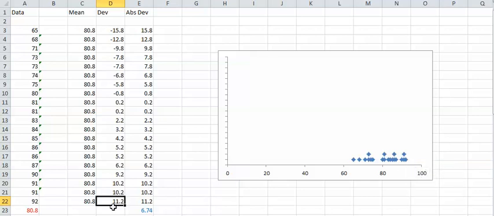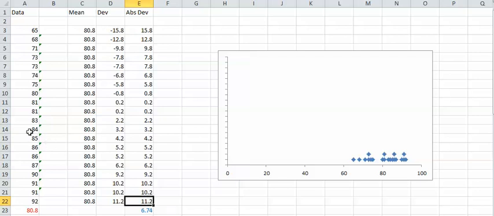This deviation of 11.2 is telling us that the distance from 92 down to the mean is a distance of 11.2. Right here, this is a distance of 11.2. The absolute deviation is telling us the same thing, it just doesn't have a sign in front. The absolute deviation doesn't tell us if the value is below or above the mean.